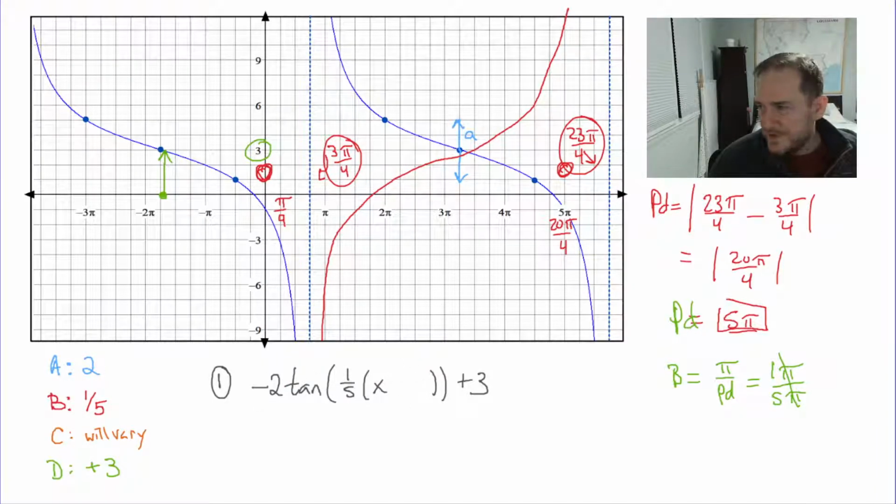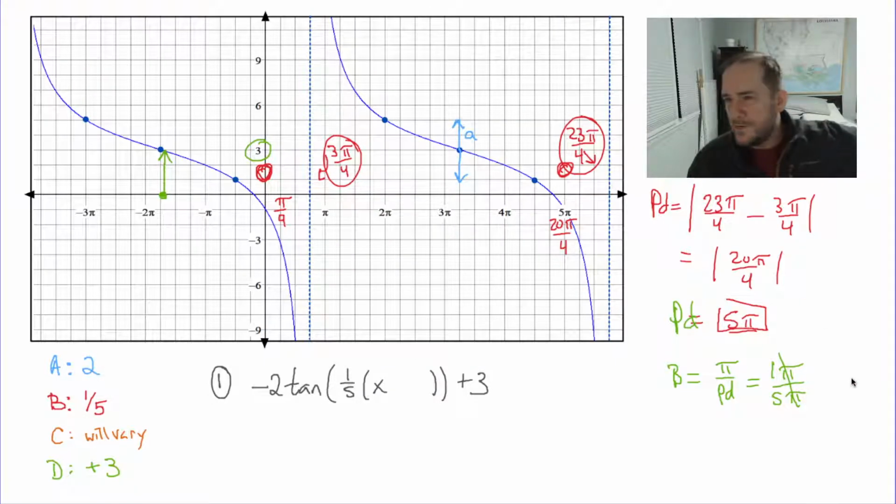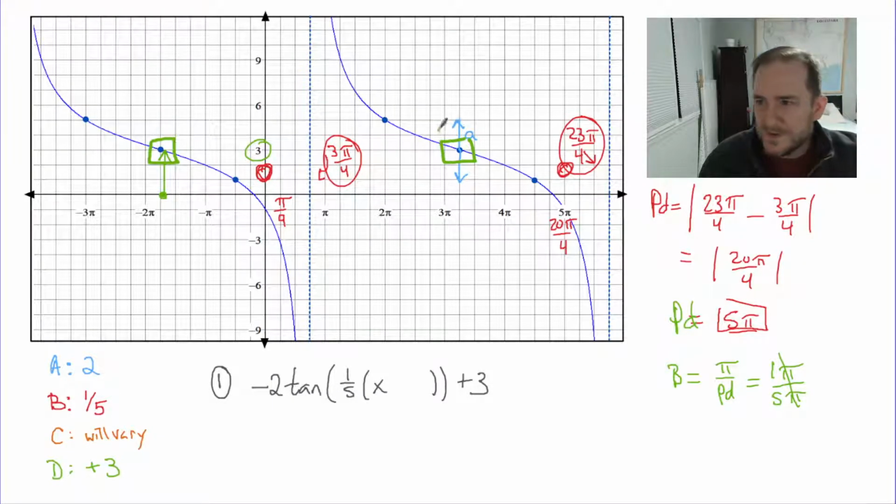Now we just need our phase shift. And our phase shift for tangent is a midline point. And again, you've got sort of carte blanche to pick any midline point you want to pick. There's this guy right here, or there's that guy there. I really don't care which one you pick, but again, my guidance is maybe pick the one that minimizes the actual shift.